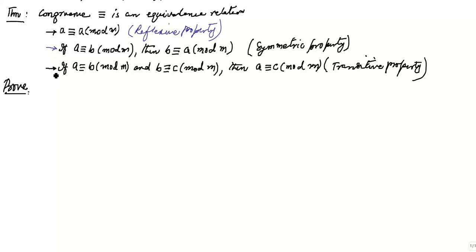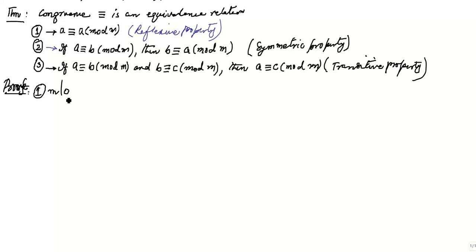Okay. So for the first, we know that M always divides 0. Okay. This is for the first one. So if we make numbering here, this should be the proof, numbering 1, 2, 3.